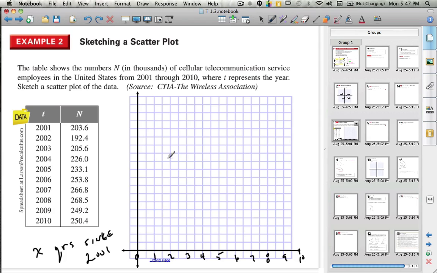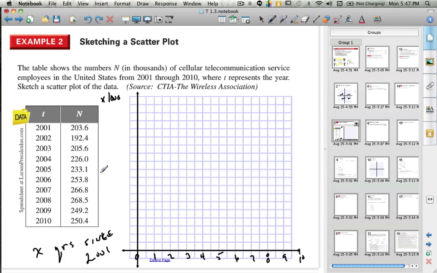And then as I break up my scale here, they've said that these are in thousands of customers, so y is times 1,000. I'm looking here at the range. I go from a little under 200, and I'm probably going to go to about 268, almost 270.